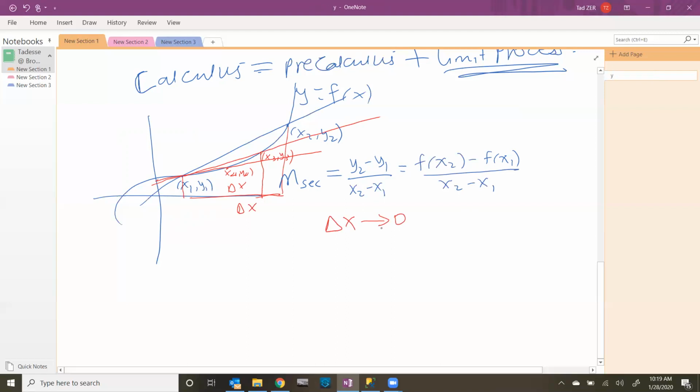So that line now becomes what we call the tangent line. So this is the first question we'll be answering in a complete course in calculus. What will be the slope of this tangent line? How do I find the slope of this tangent line? That is the first question.